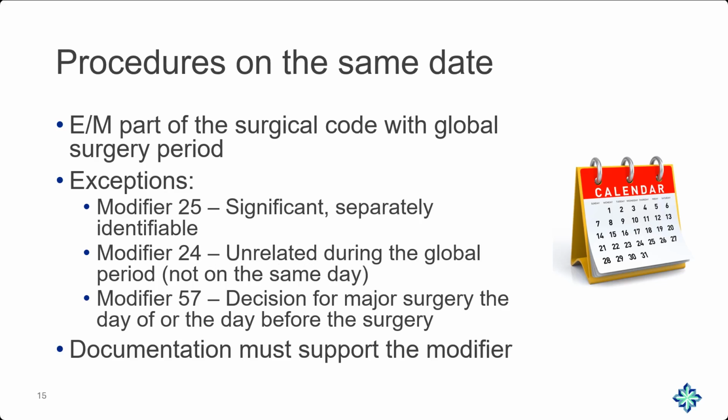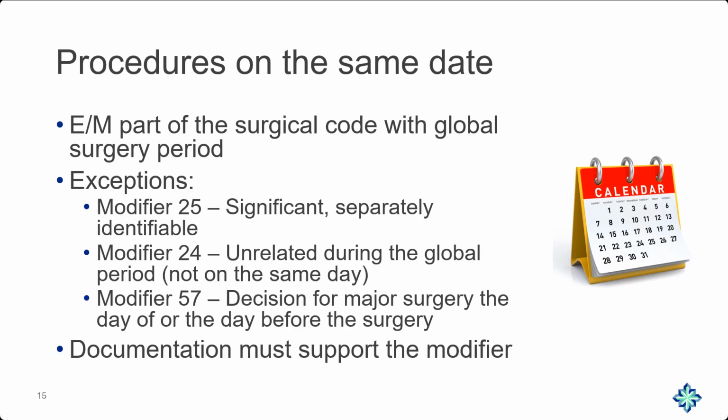Next is modifier 24, and this one is fairly straightforward. Modifier 24 is for an E&M that is not on the day of the surgery, but during the global period or surgery days for the procedure, and it is unrelated.